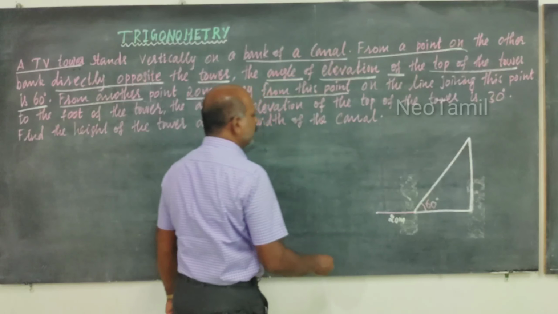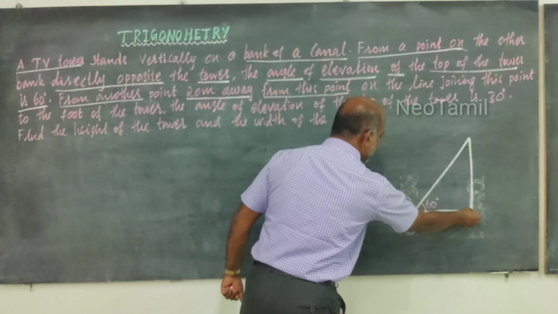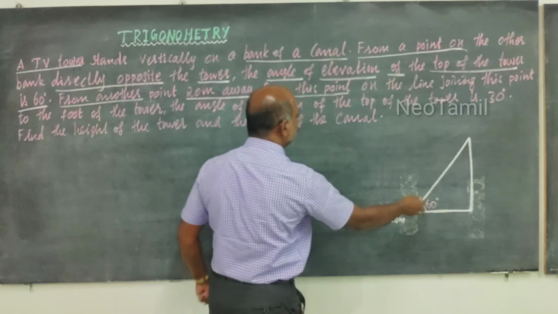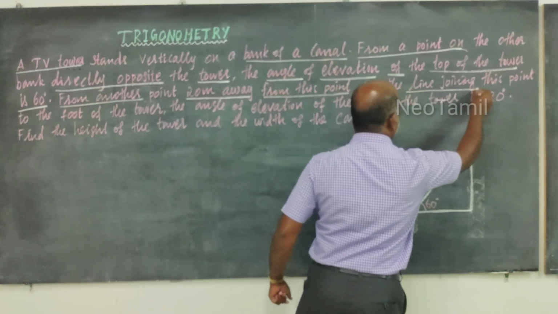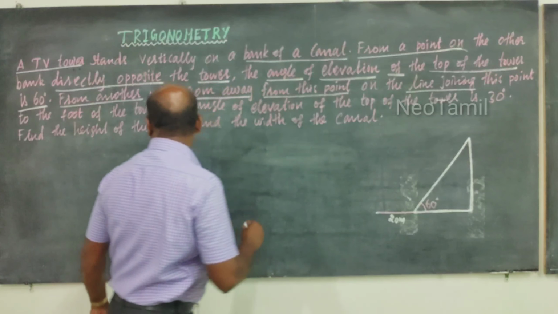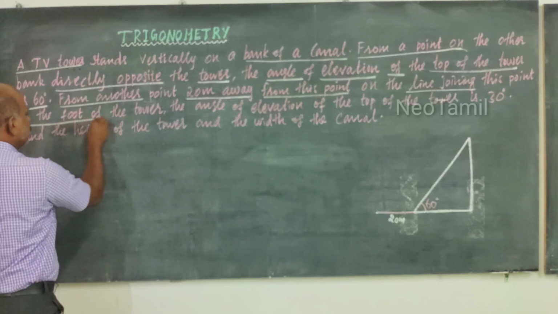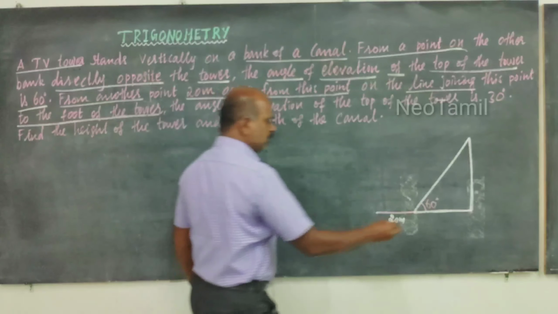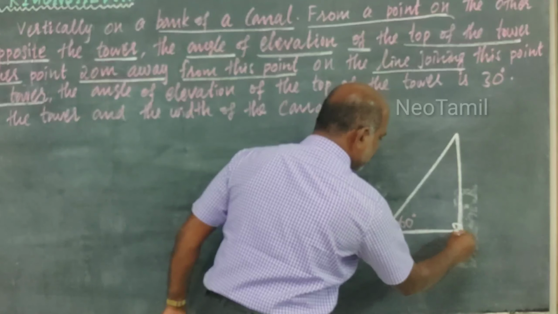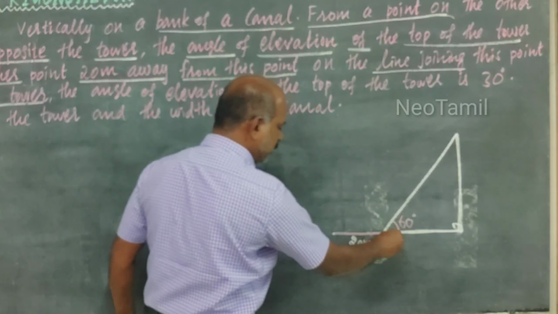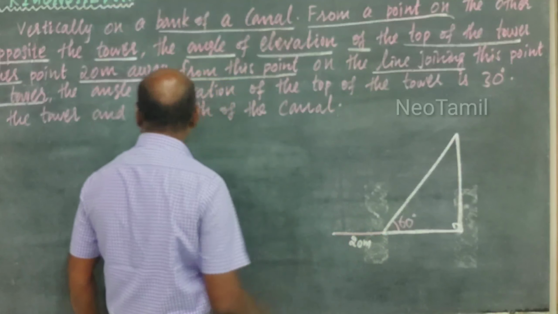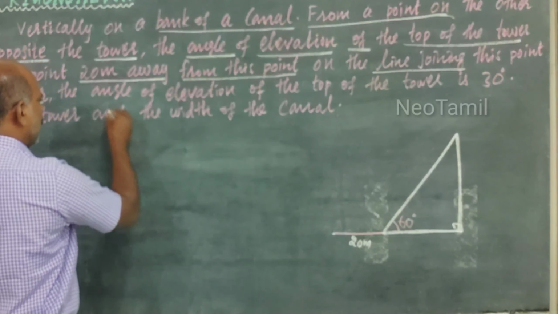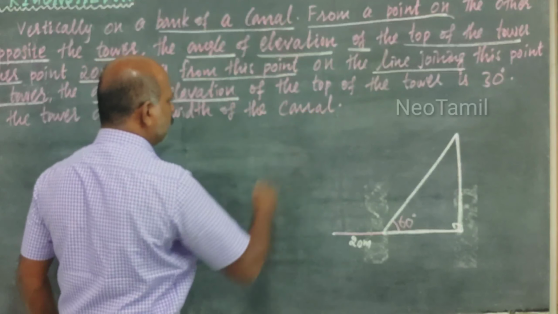20 meter away from this point on the line joining this point to the foot of the tower. This is the foot of the tower. The line joining the point to the foot of the tower.